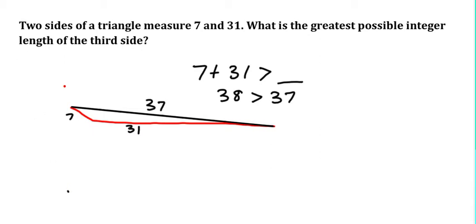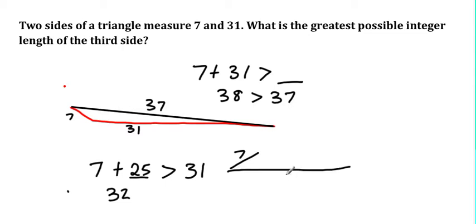If it's an integer, 7 plus some integer must be greater than 31. So this has to be 32. So I need 25. So 7, 31, and 25. That creates a triangle as well.